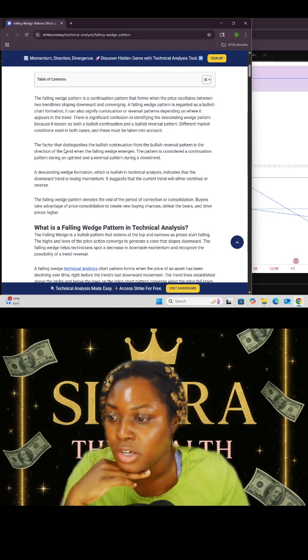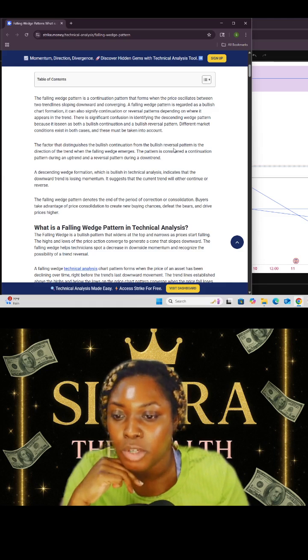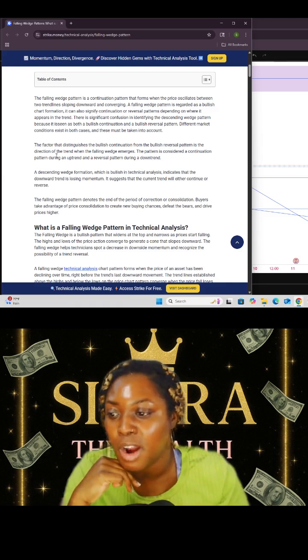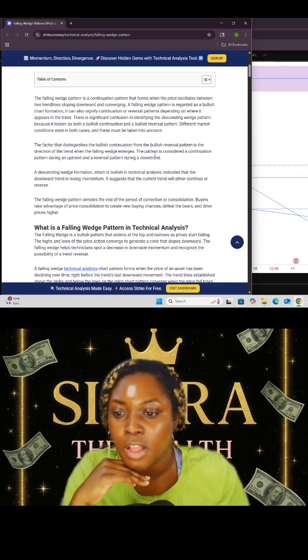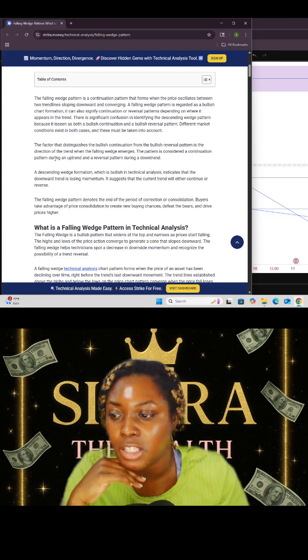The factor that distinguishes the bullish continuation from the bullish reversal pattern is the direction of the trend when the falling wedge emerges. The pattern is considered a continuation pattern during an uptrend and a reversal pattern during a downtrend. A descending wedge formation, which is bullish in technical analysis, indicates that the downward trend is losing momentum.